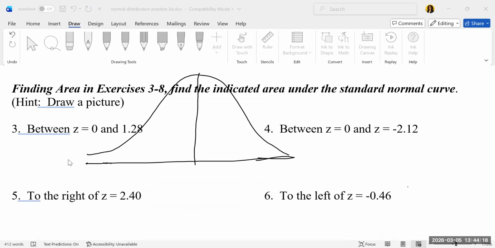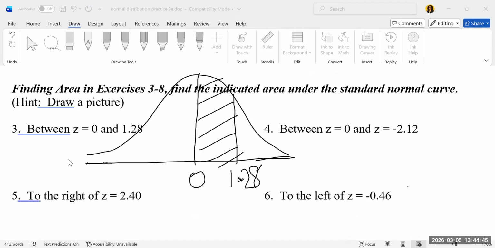When z is equal to 0, according to what we did in unit 1, it is the mean. So I'm looking for the area from the mean to 1.28 standard deviations. This question will not be easily answered by the empirical rule, so I'm going to pull up my calculator.